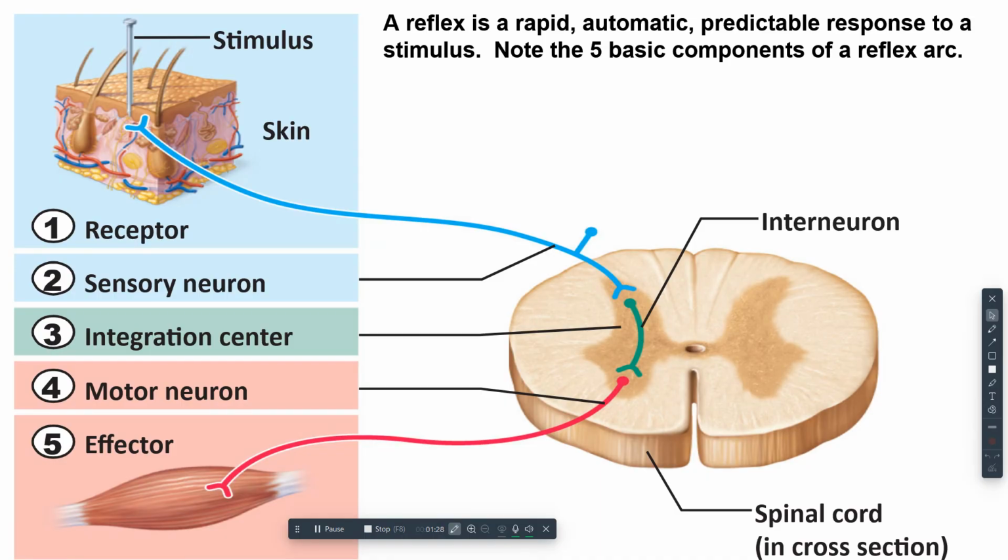Next, finally, we've got the motor neuron leaving the ventral horn of the spinal cord here, coming out to the effector. The effector is our last component. The effector is what's going to cause the action that consists of the response. So these are my 5 basic components of my reflex arc.